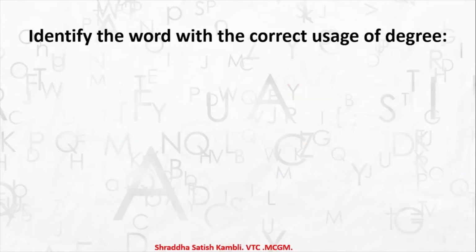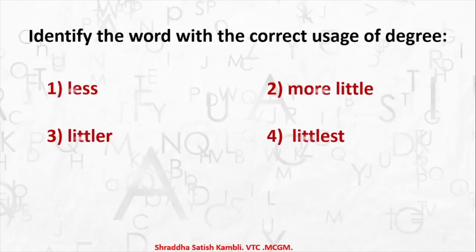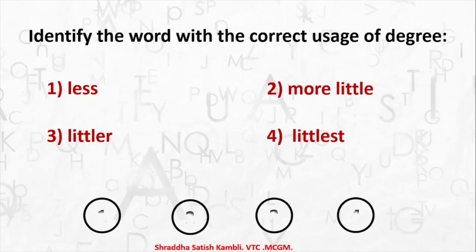Alright, coming to the last example here. Less, more little, littler, littlest. So which one will be the right word? Will it be the first, second, third or fourth one? Let's check out. It will be the first one, less. Less is the right word. You cannot say more little. You cannot say littler and littlest at all.